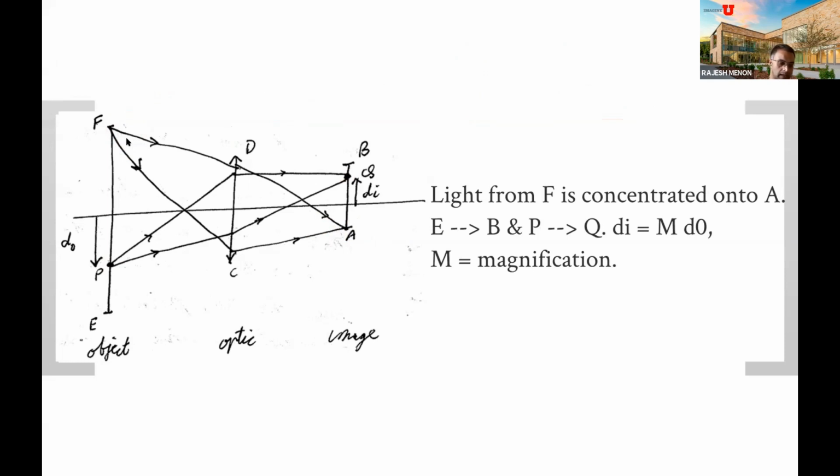So if P is now focused to Q, this height here, D0, is equivalent to an image height DI, as shown there, right? And the ratio DI divided by D0 is called the magnification or the demagnification. So if it's less than 1, it's called demagnification because the image is smaller than the object. If it's magnified, the image is larger than the object.